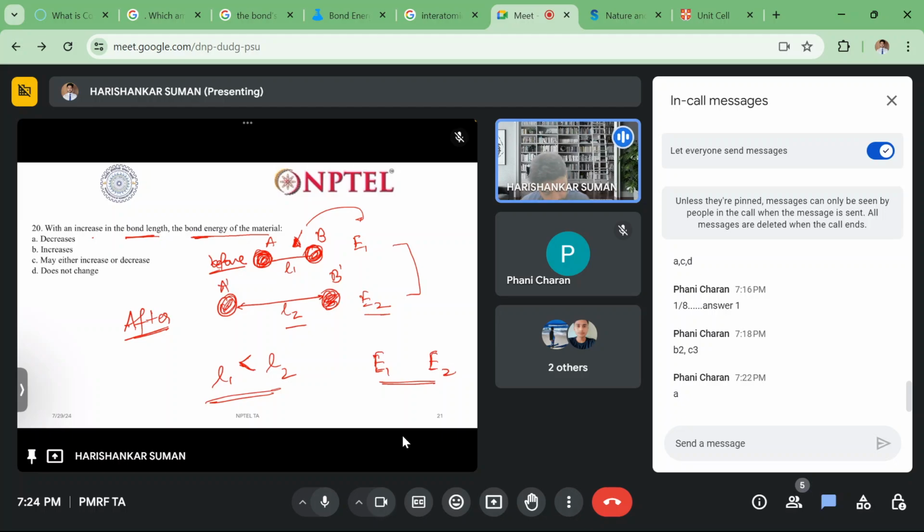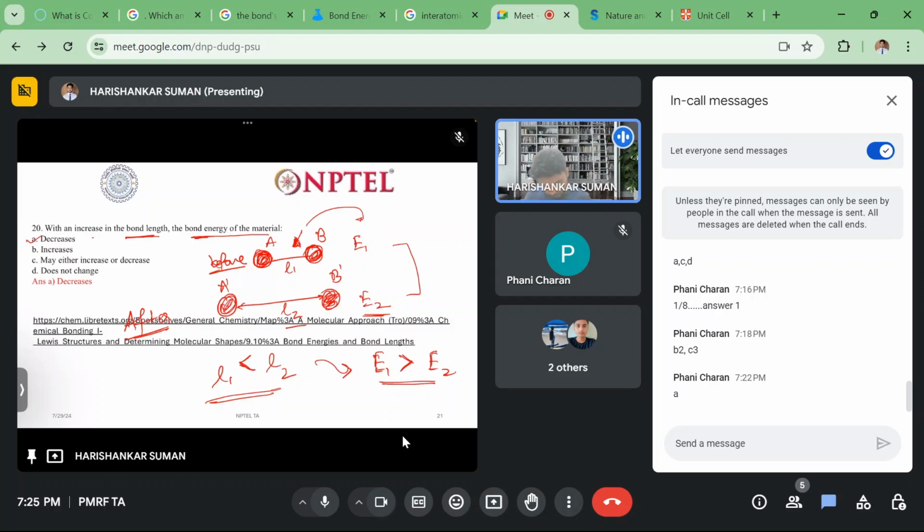So E2 is less and E1 is greater. So the answer is decrease: when the bond length is increased, the bond energy is decreased. Am I right? Is it clear to you? Let's go for the next question.